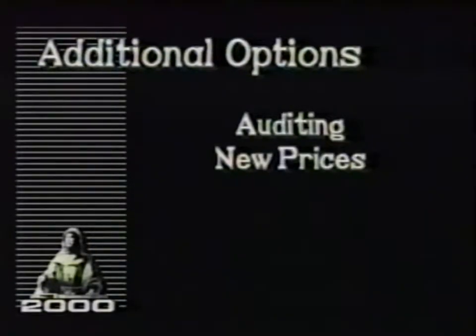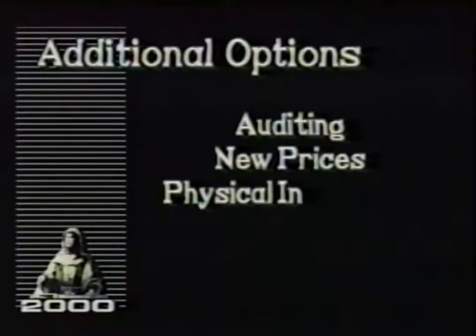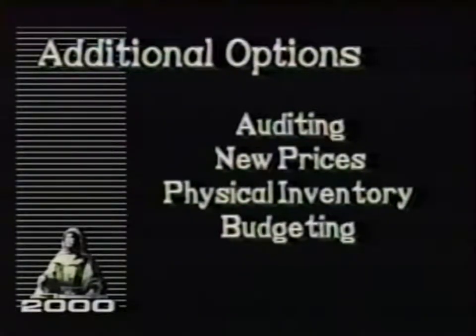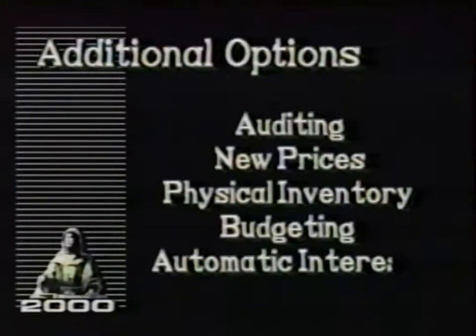These options include the auditing module, where you verify the accuracy of transactions; the new prices module, which allows you to enter new sales or purchase prices in a quick, efficient manner; the physical inventory module, which allows you to quickly enter into Pacioli 2000 the results of your regularly scheduled physical inventory; the budgeting module, which helps you plan future revenues and expenses to better manage your business; and the automatic interest generating module, which allows you to apply the interest you charge customers who have outstanding balances.